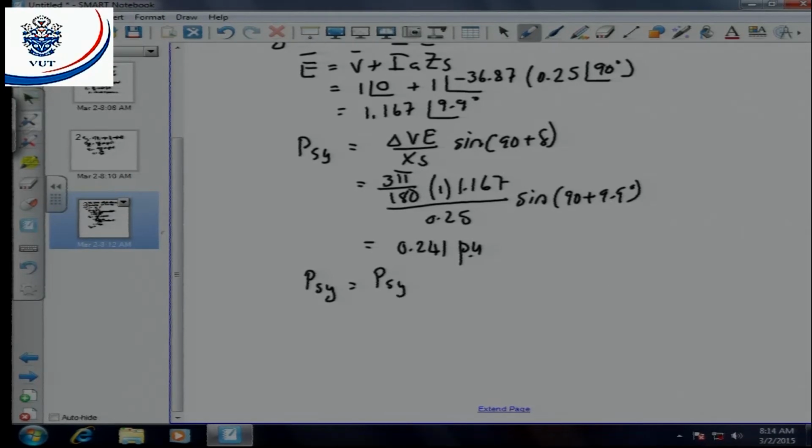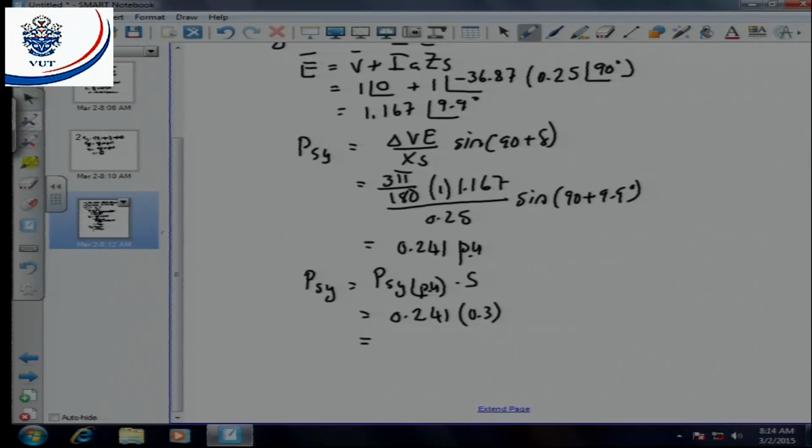Operating at full load, power factor of 0.8 lagging. Let's calculate the electromagnetic power developed and the synchronizing torque.